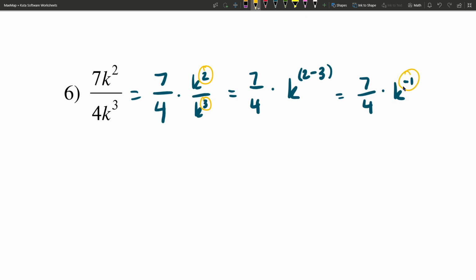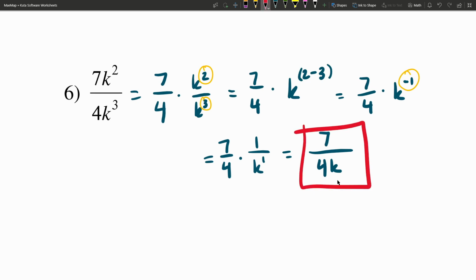How would I rewrite k so that I don't have a negative exponent? Well, k to the negative first is 1 over k to the positive 1. So I'm going to have 7/4 times 1 over k to the positive exponent, so to the positive 1, which, finishing out this multiplication, is just 7 over 4 times k, or 7 over 4k.